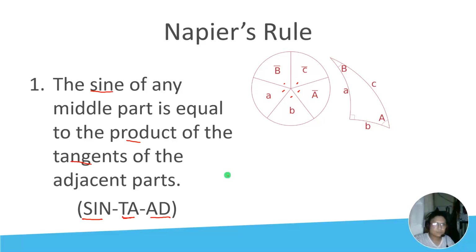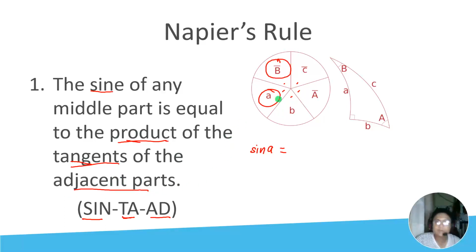So if I select A as the middle part, we will write down sine of A is equal to what? The product of the tangents of the adjacent parts. What are the adjacent parts?